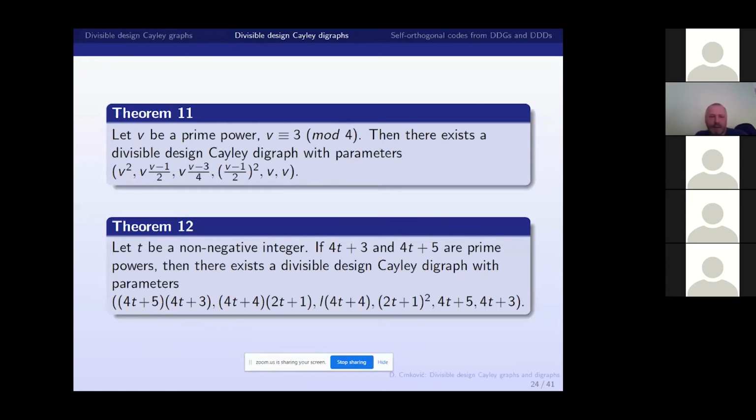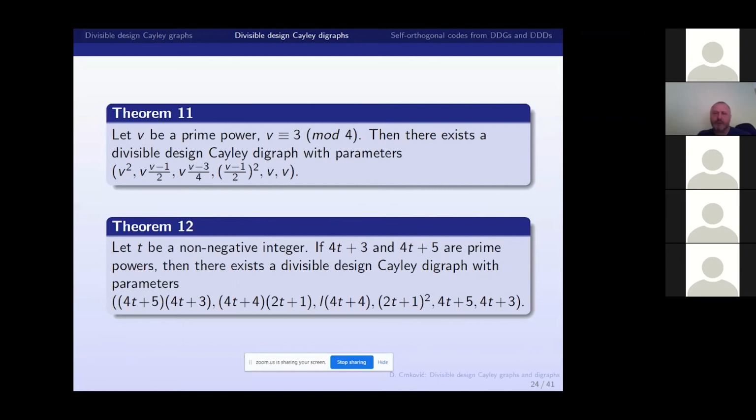And next, the construction from Theorem 12. Now we use two Cayley designs. Let t be a non-negative integer such that 4t+3 and 4t+5 are prime powers. Then there exists a divisible design Cayley digraph with this set of parameters.